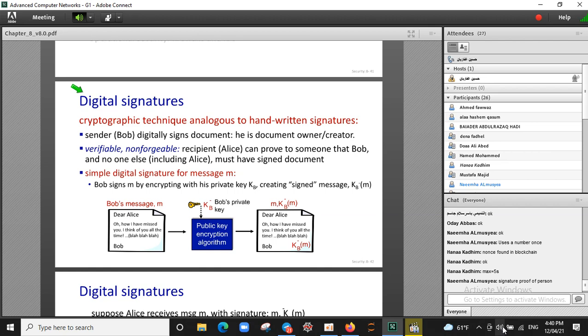It means that I'm looking for a strategy where, when Bob sends a message to Alice, for example, "Oh dear Alice, how I have missed you, I think of you all the time," and something like that, Bob signs this message. But how can I prove that this message comes from Bob's side?